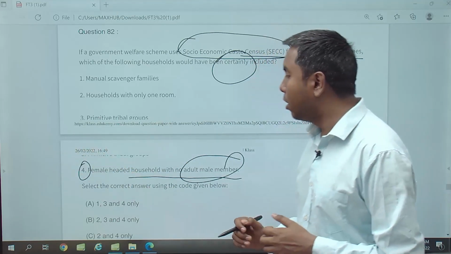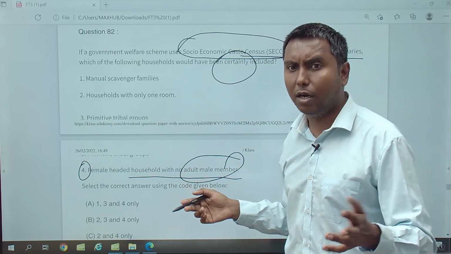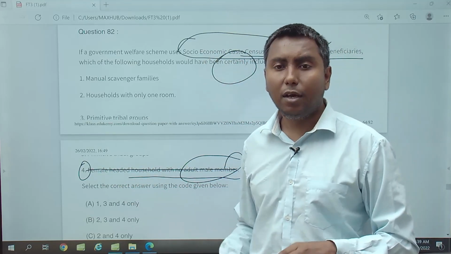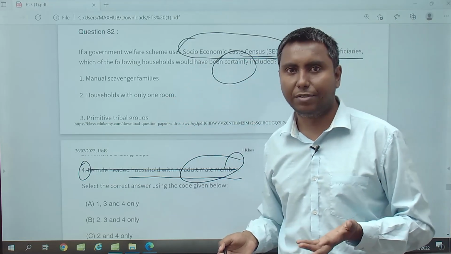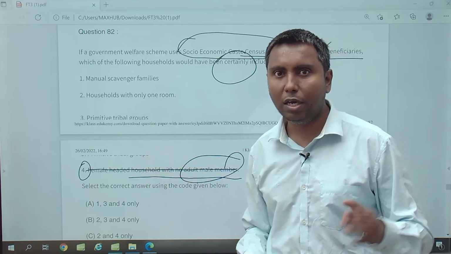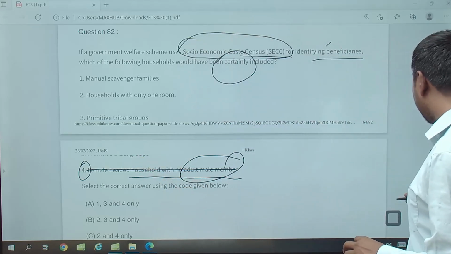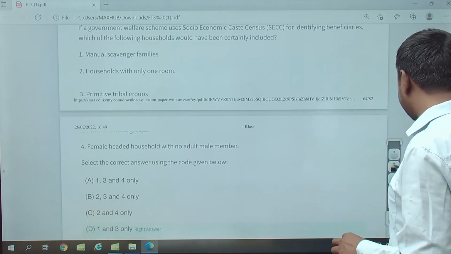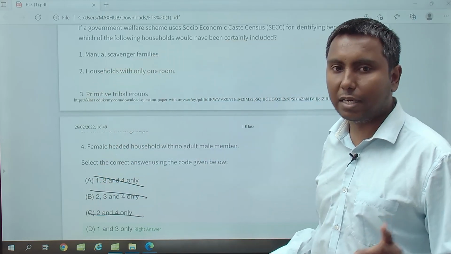Then they will not be automatically eligible for benefits. They do not need benefits. So 4 in itself will not make anybody qualify for getting benefits. Of course, for some female-headed households this is right, but it is not right for everybody. So no automatic inclusion. You can eliminate 4, and if you eliminate 4 logically, then you will arrive at the right answer, that 1 and 3 only.